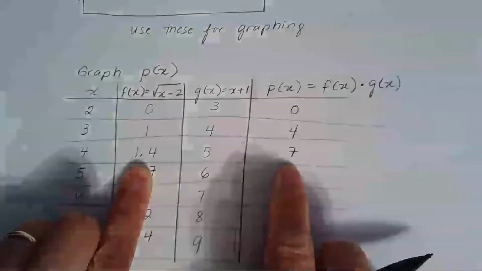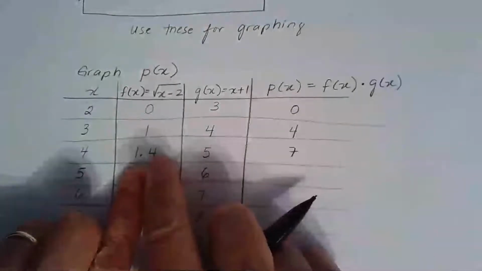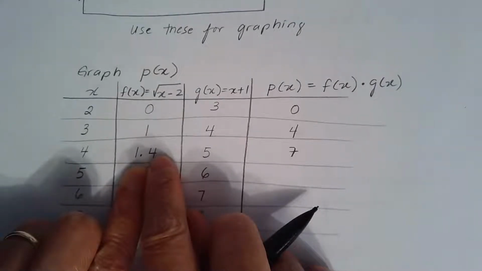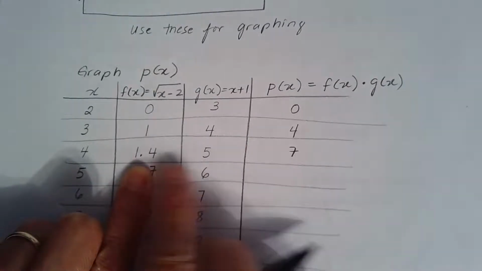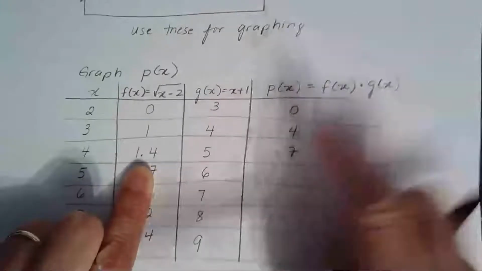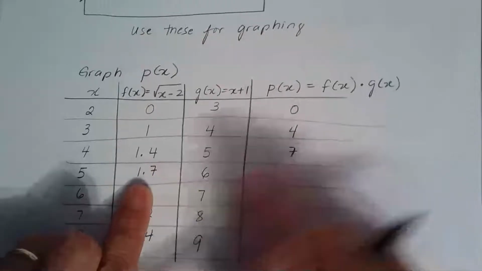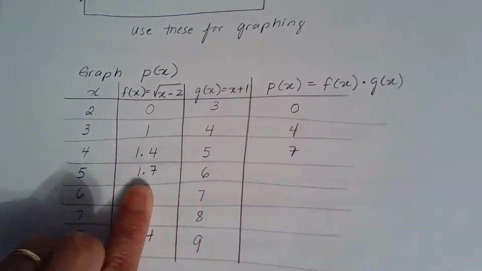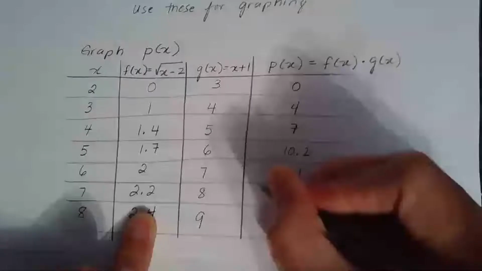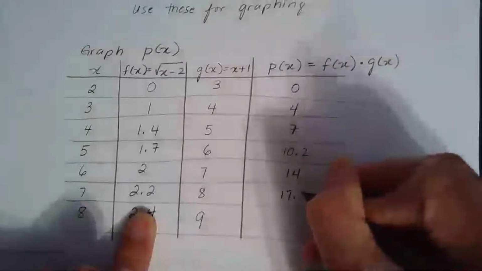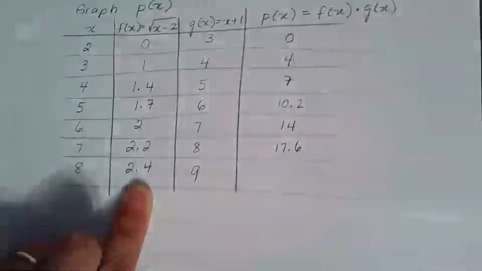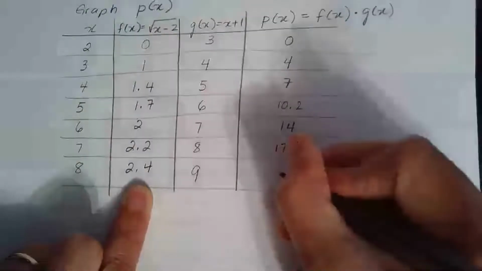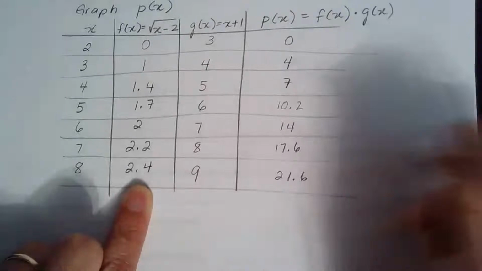It's not going to be exactly 7 because 1.4 technically is a non-terminating, non-repeating number. And this one here, we just rounded off to 1.7, so 1.7 times approximately 17.6. And 2.4 times 9 is approximately 21.6.